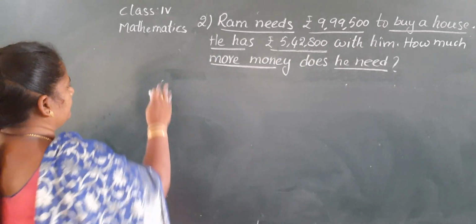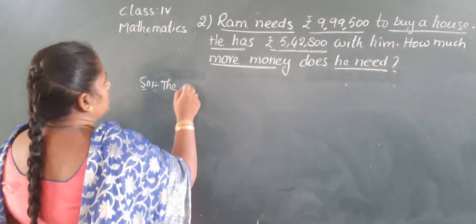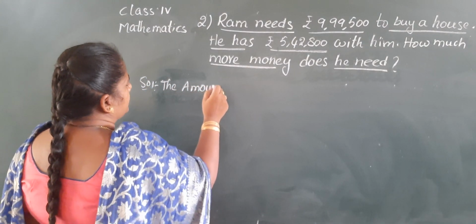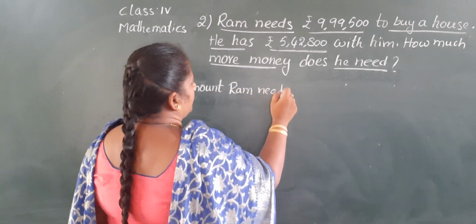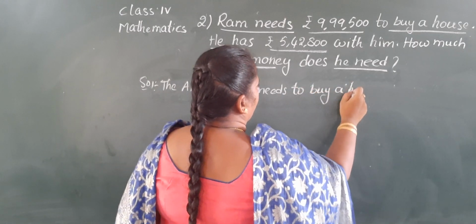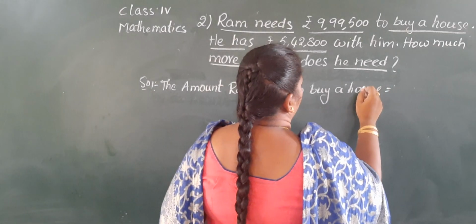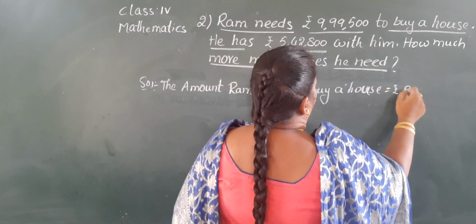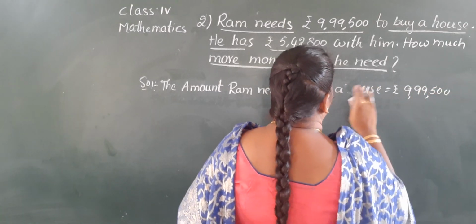Seema, I'll start from here. So the amount Ram needs to buy a house is equal to 9,99,500 rupees.